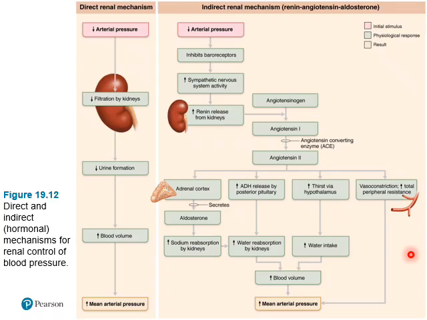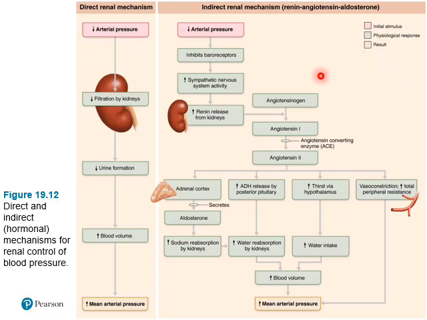So these are now the direct and indirect mechanism of renal control of blood pressure. This is supposed to be the control of blood pressure by the kidneys. You have two mechanisms. The first one is the direct renal mechanism, and the second one is the indirect mechanism. You call this the renin-angiotensin-aldosterone system.